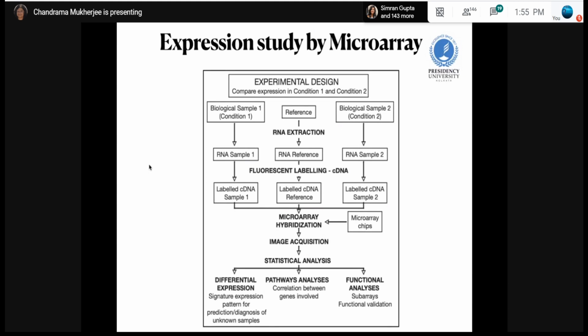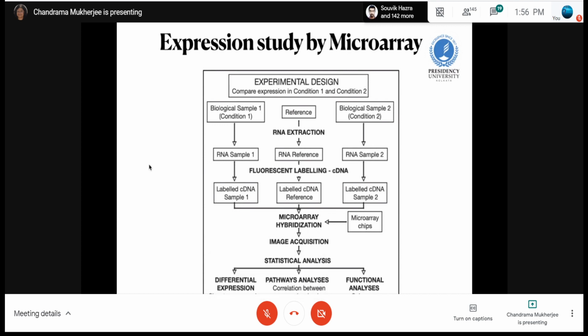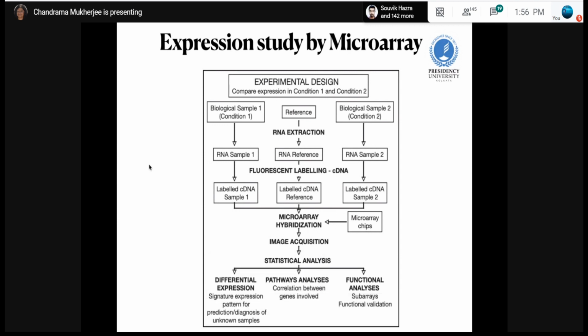From the image analysis, statistical analysis is performed to determine differential expression, functional analysis or pathway analysis. But remember, in a microarray experiment, we need to have confidence that the chip has a very enriched collection of all the different gene sets available in the microorganisms.